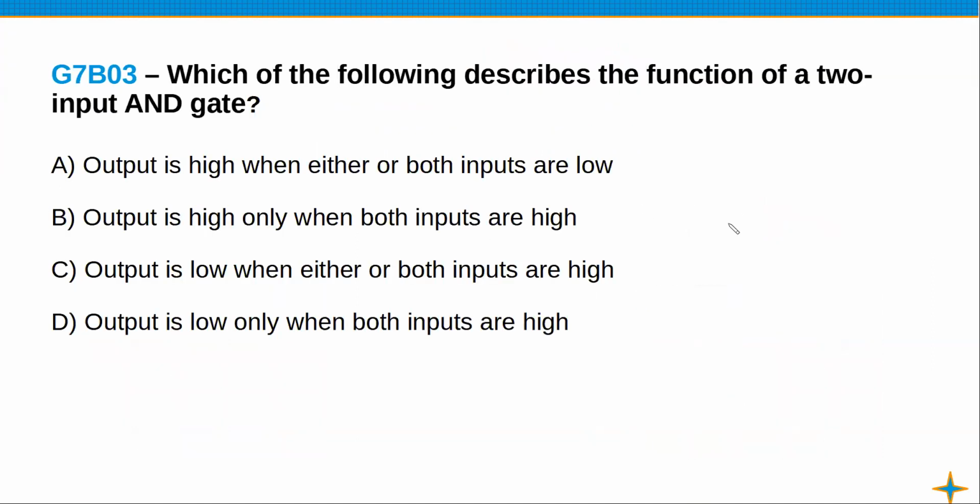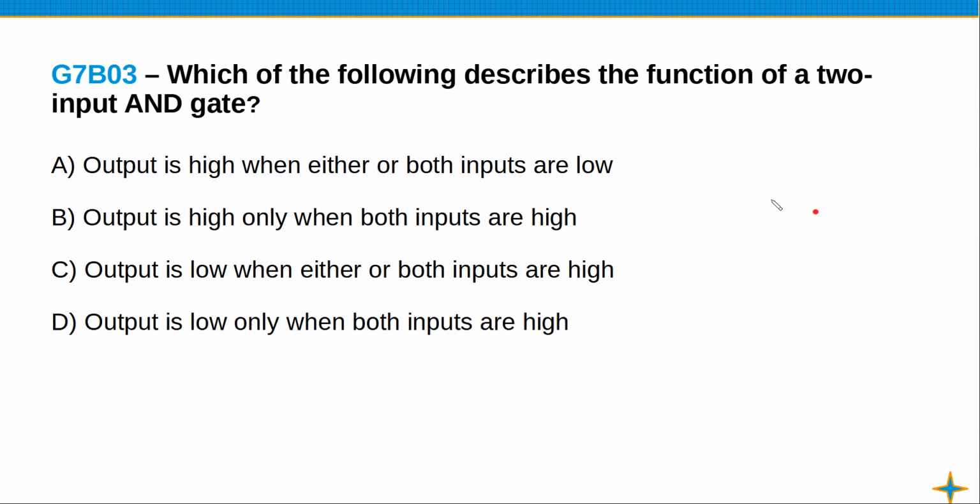So, which of the following describes the function of, okay, I guess I can't get rid of that, of a two-input AND gate? Remember, it's an AND, A and B. Yeah.